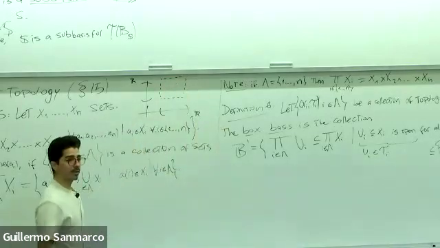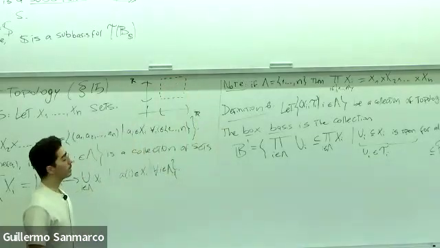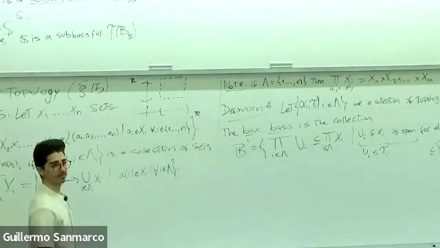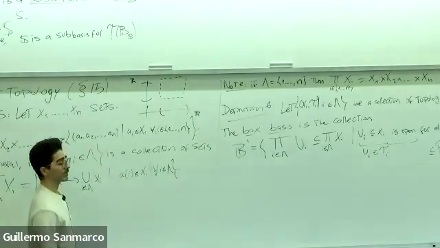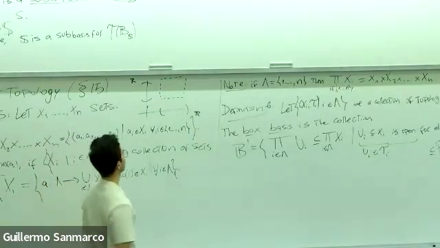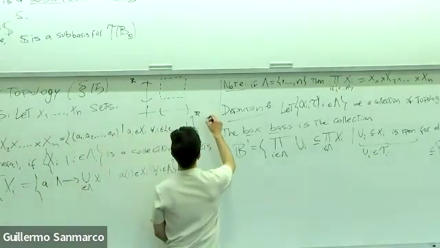But now we know if that's going to be open, then the union also should be open, right? So we want to have different squares. Maybe I want to have this square here.